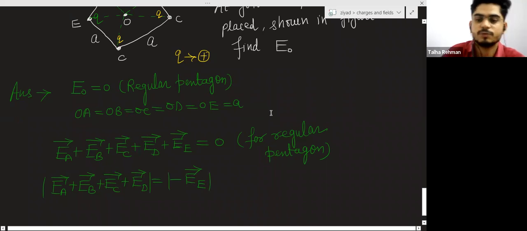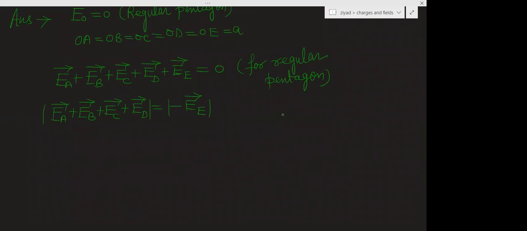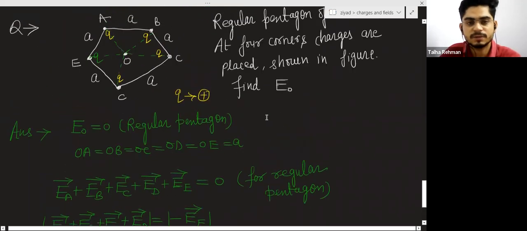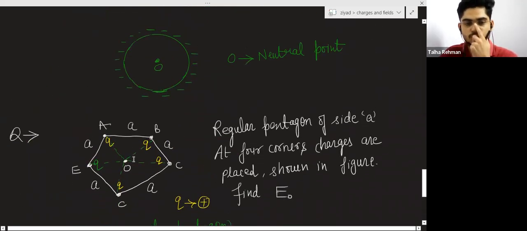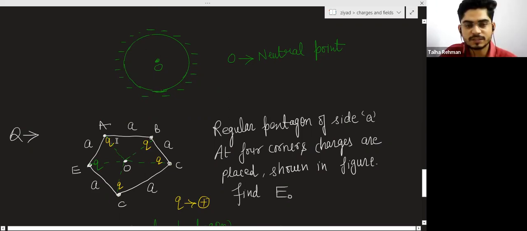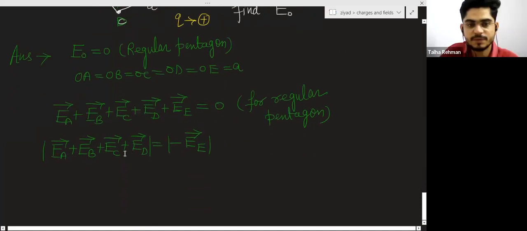In reality we have only four charges: A, B, C, and D. So we have to find EA, EB, EC, ED, and this is equal to EE.